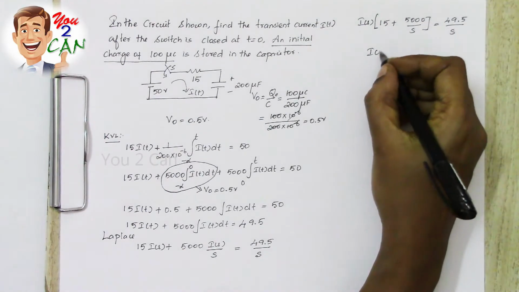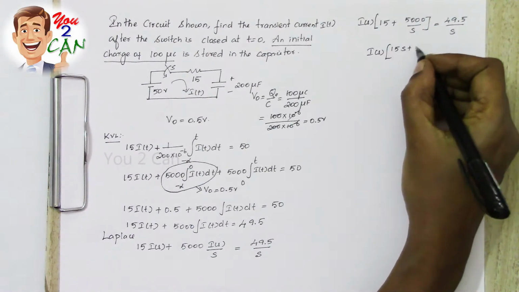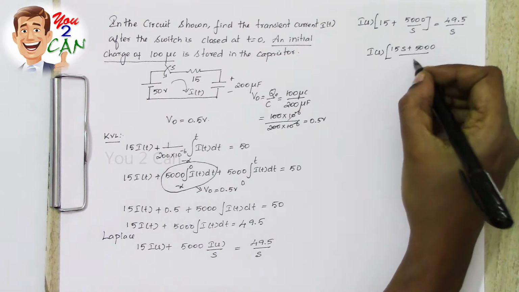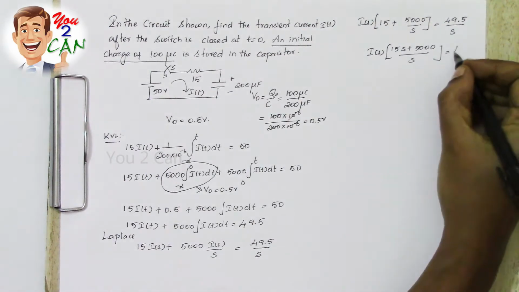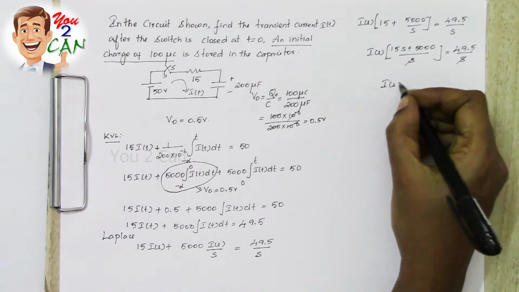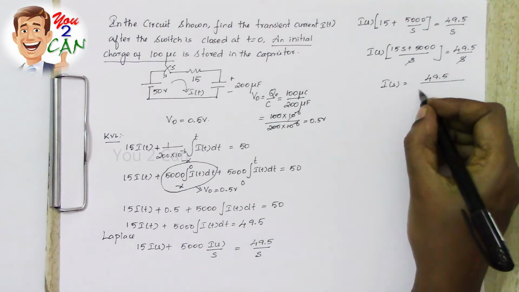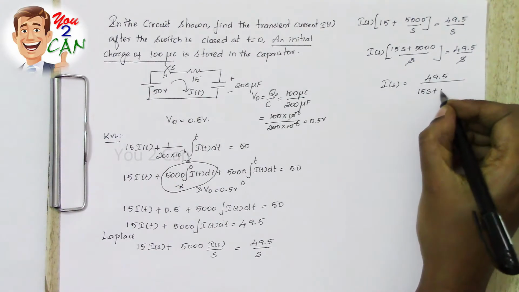So I of s into 15s plus 5000 by s equals 49.5 by s. S gets cancelled. So I of s is equal to 49.5 divided by 15s plus 5000.